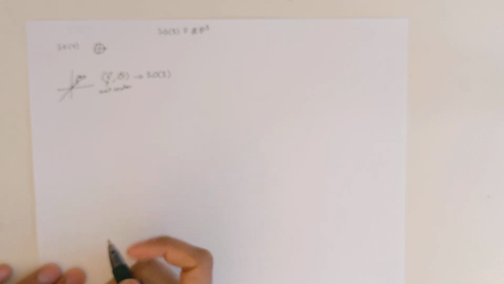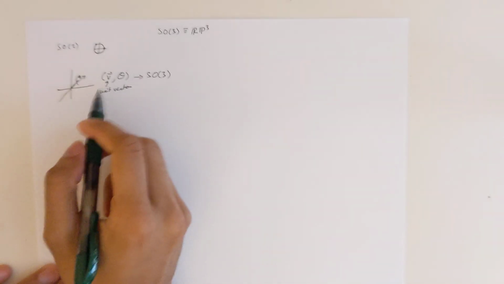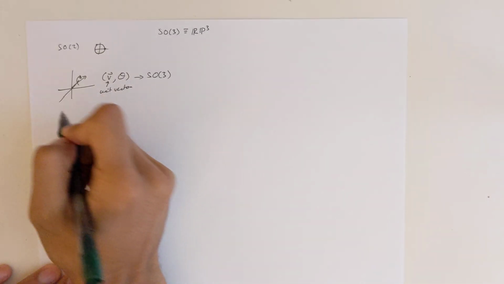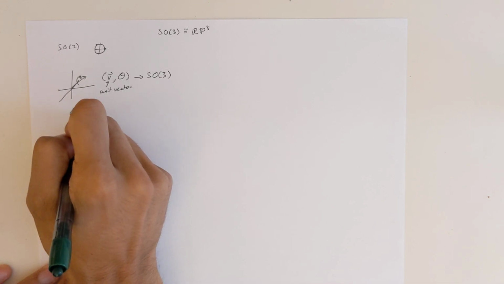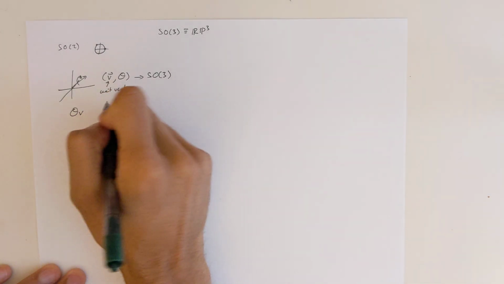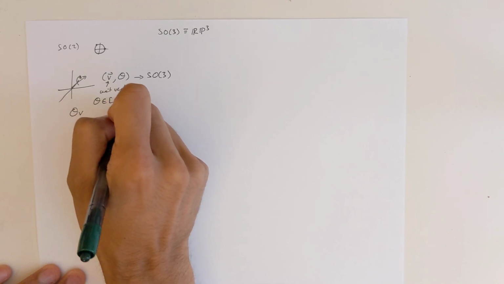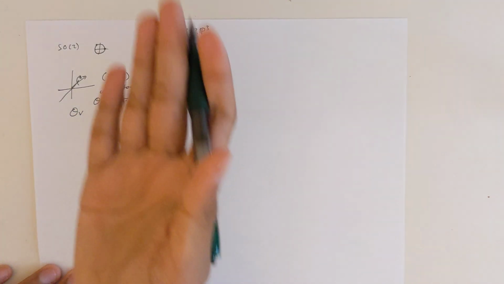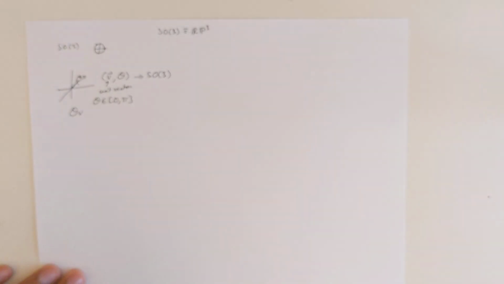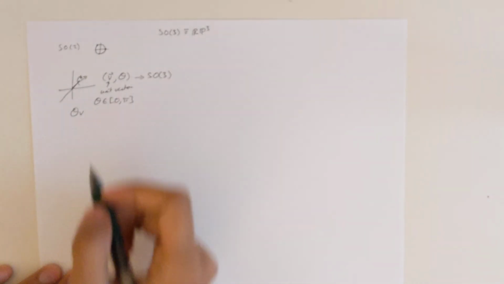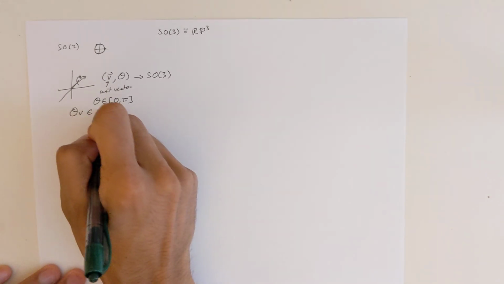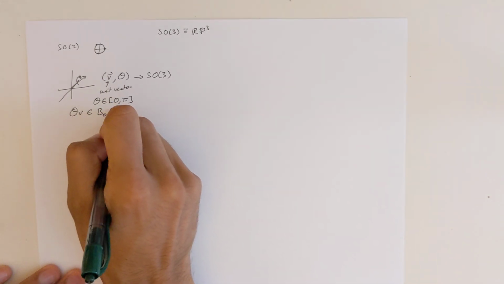So we can encapsulate this data by looking at the vector theta v, and now I'll restrict theta to lying within 0 to pi. That means we only look at rotations up to 180 degrees, but that's okay, because if you want to rotate by more than 180 degrees, we can just rotate by the antipodal vector. And theta v will take values inside the ball centered at the origin of radius pi.